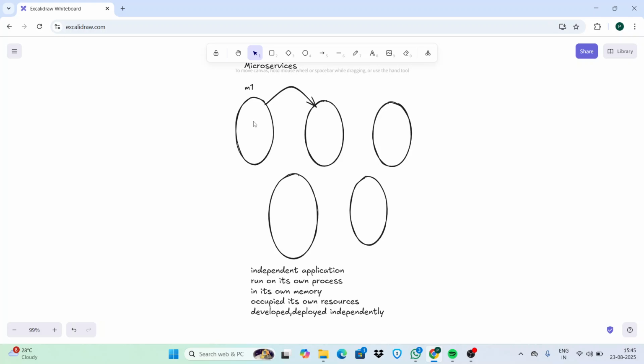The developer does not need to touch the other services. He has to solve that bug in this service and redeploy the M1 service only, without affecting the other microservices. So this is the main power of microservices.